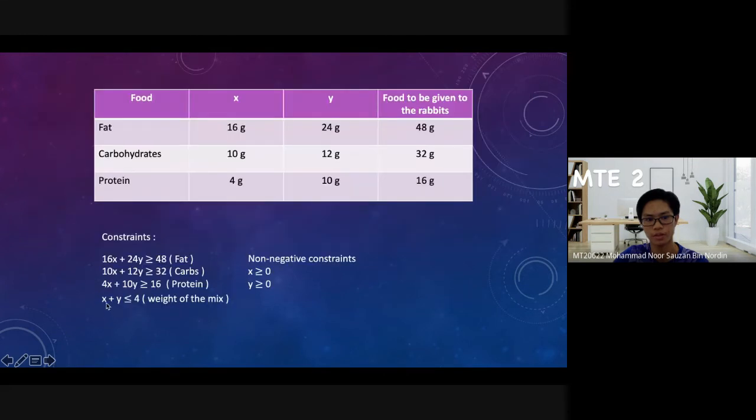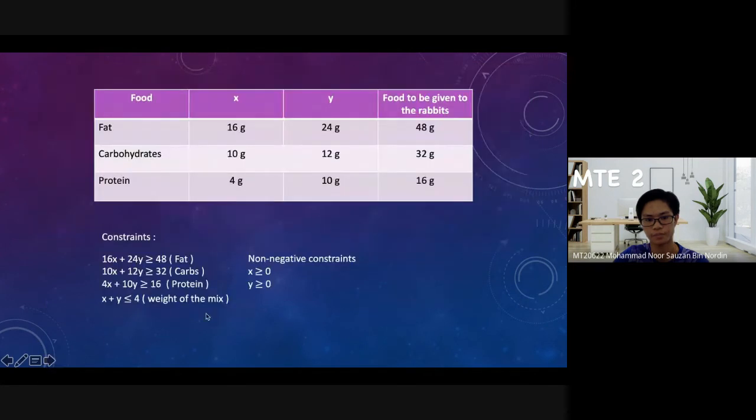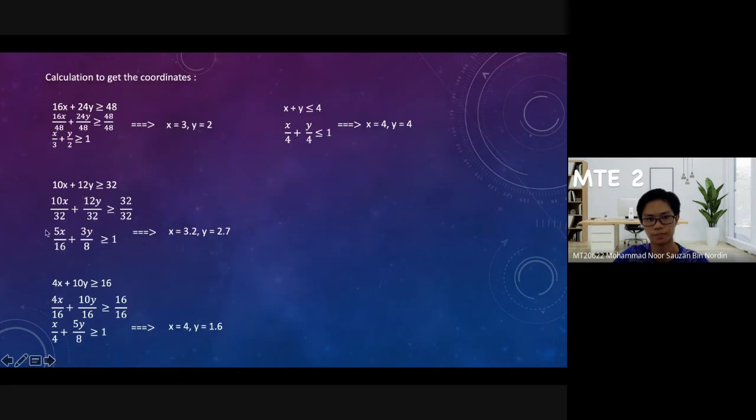So with that, you can write that x plus y is less than or equal to 4, because x and y are the weights of food X and food Y. And lastly are the non-negative constraints, which are x and y greater than or equal to 0 for both of them.